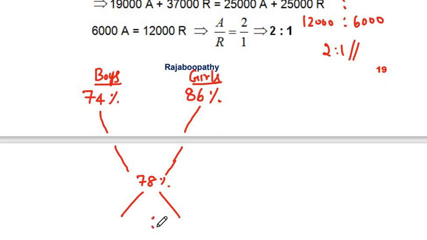This is just a similar problem based on the previous one. Boys to girls ratio.